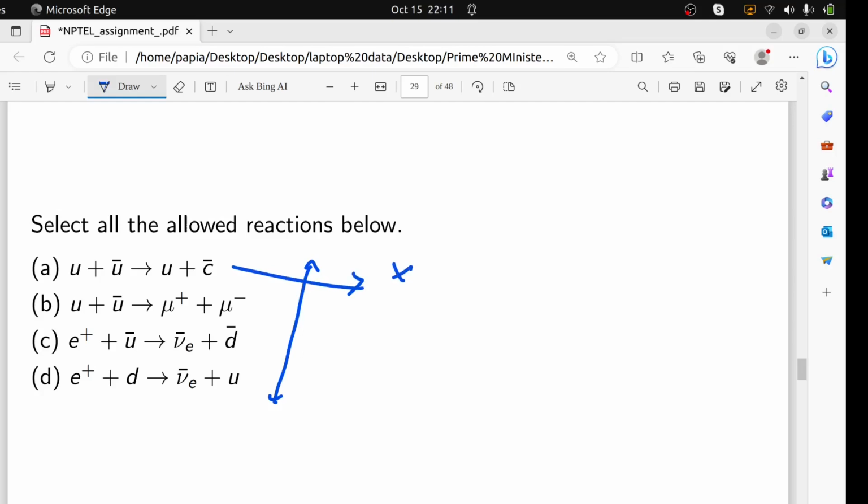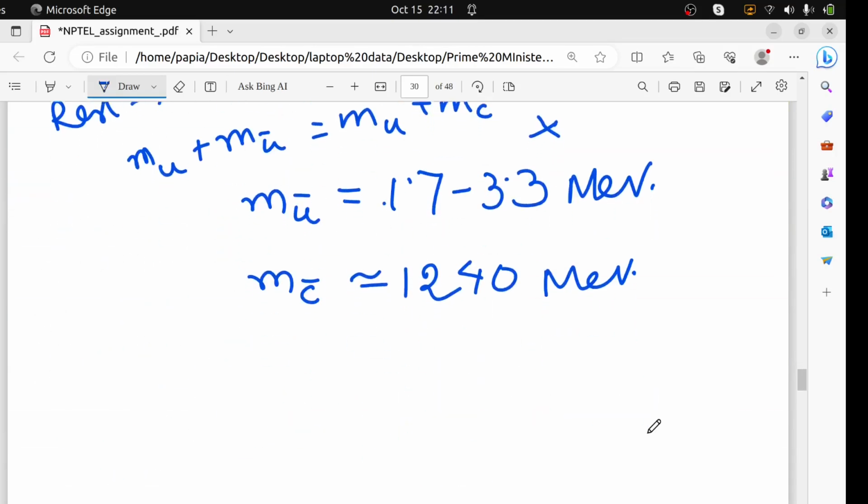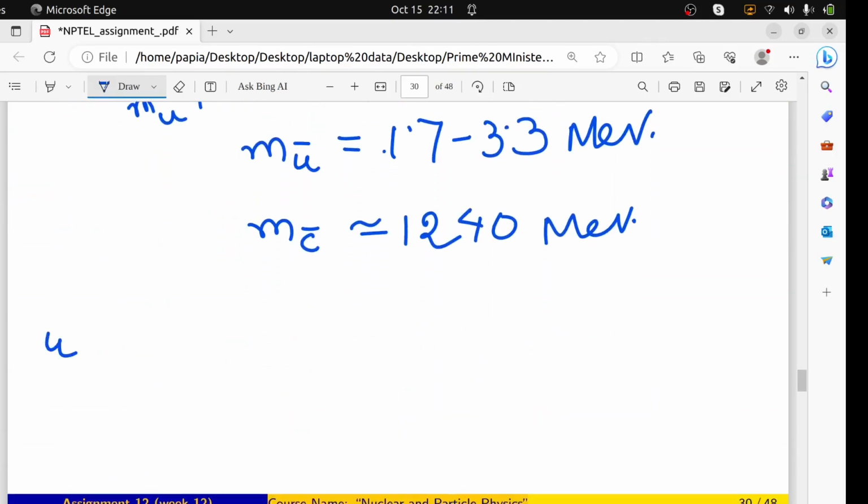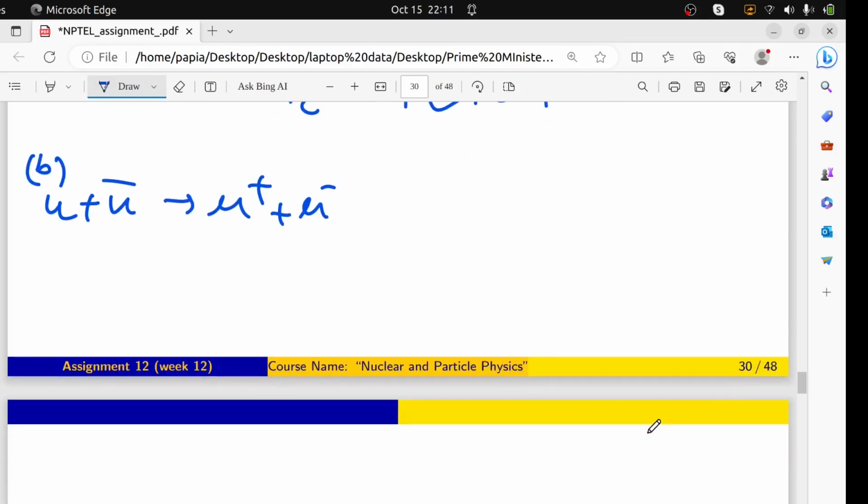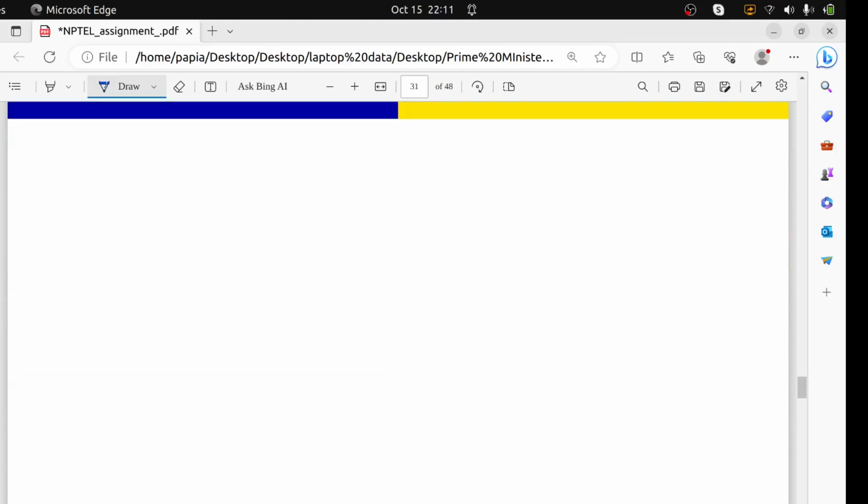Now come to B. U plus U bar to mu plus mu minus. For that case, we will check whether L, B and Q are conserved or not. First of all, L. This is baryon 0, 0. This is lepton minus 1, plus 1.